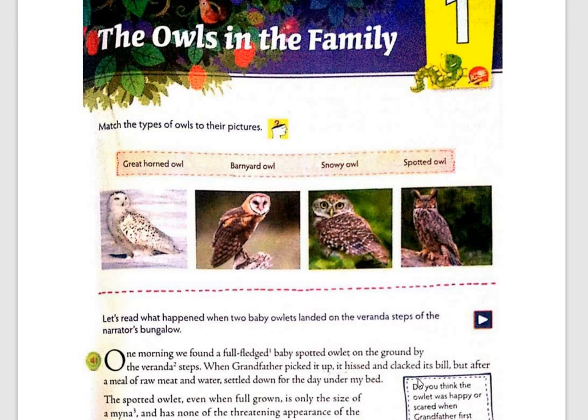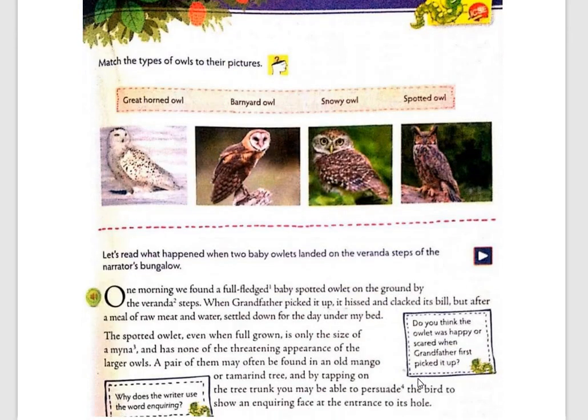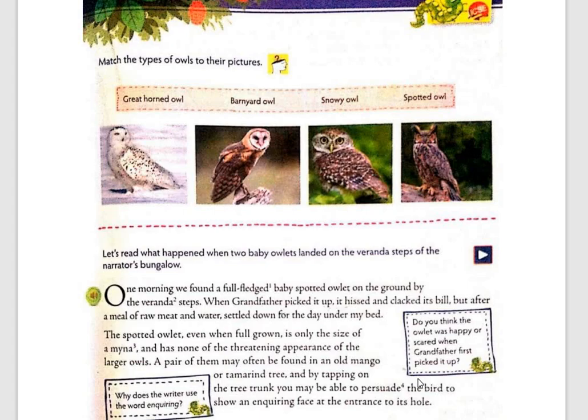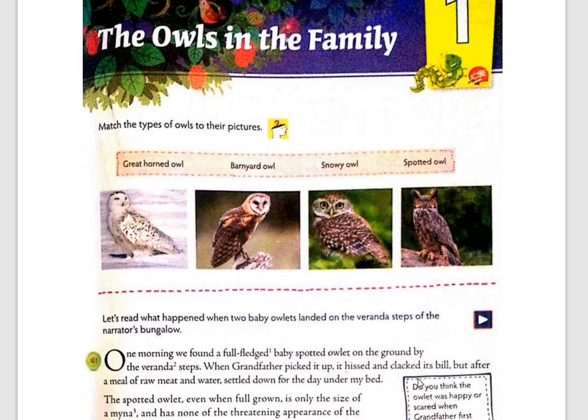That is why when it was given raw meat and water, it settled down for the day under the narrator's bed. When you write your answer, write under the narrator's bed. You don't write under Ruskin Bond's bed.